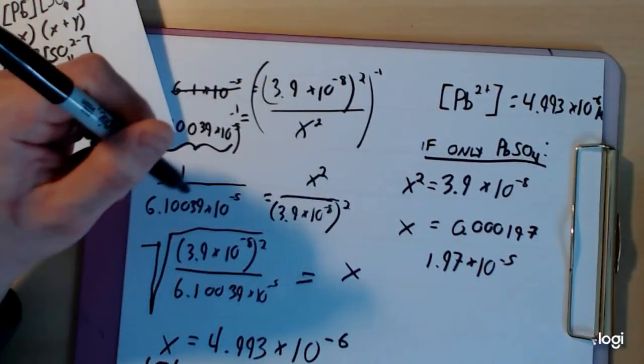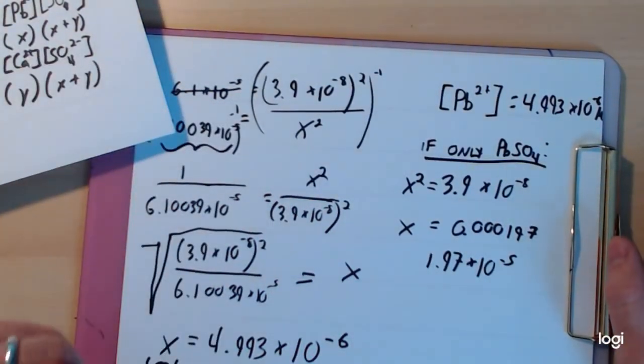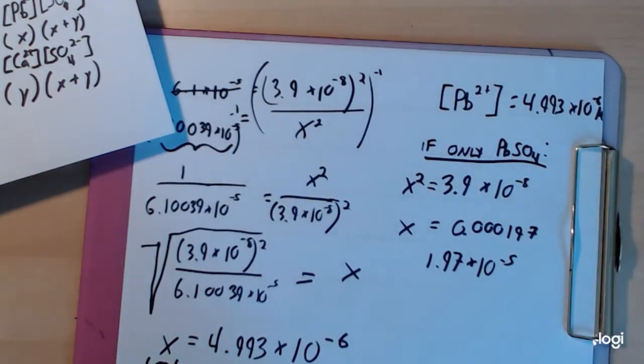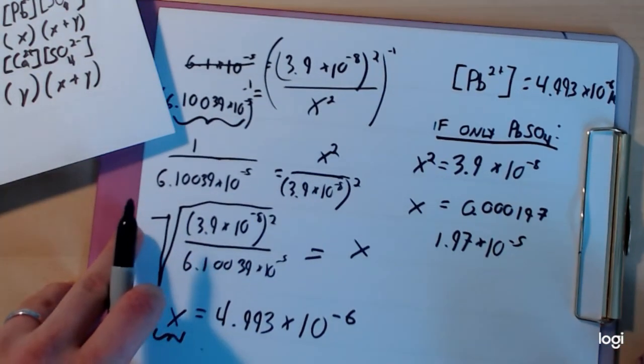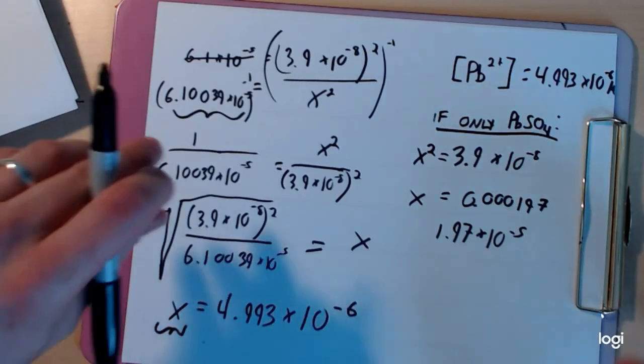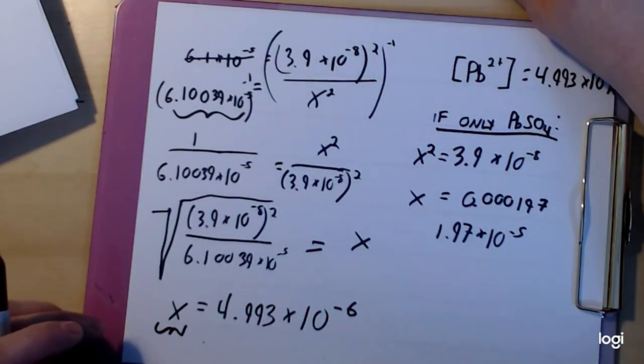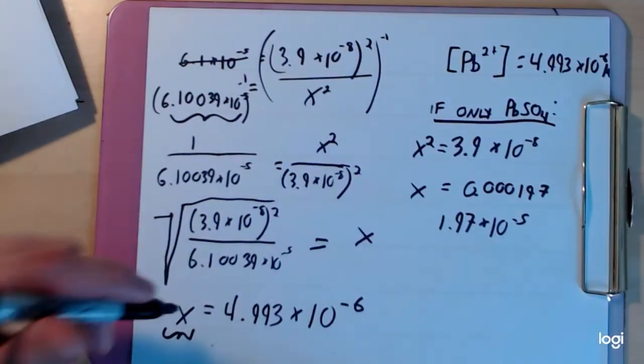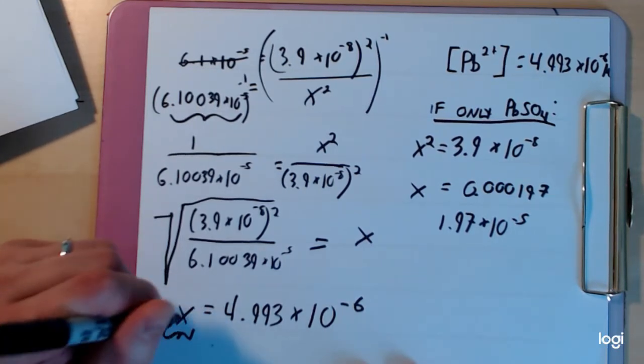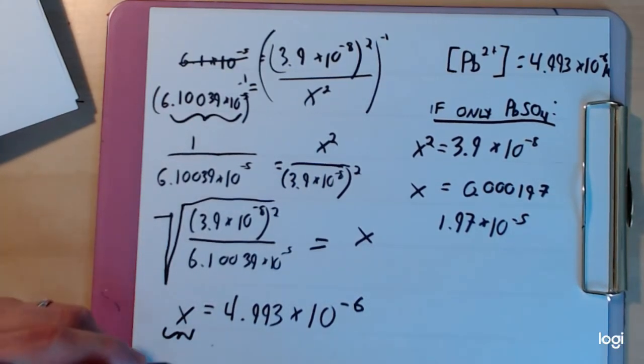So you can see here that because there's gypsum in the system, because you have something else that's dissolving sulfate, you have a pretty substantial decrease in the amount of lead that can be dissolved, simply because you also have sulfate contributing to this equilibrium.